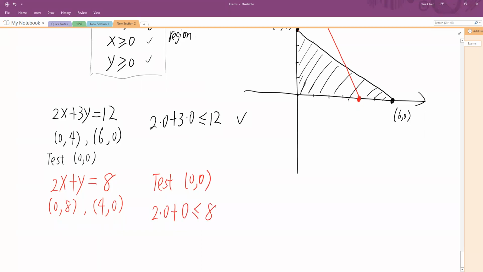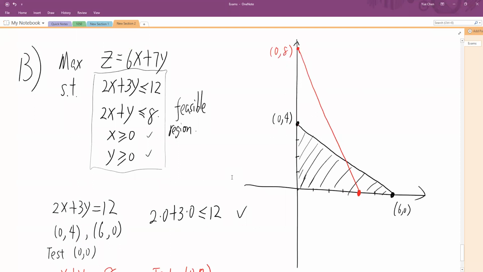Is this correct? Yes, right. 0 is less than or equal to 8. So this is the test point, right? Should include the half plane, including this point, but should limit this region into the first quadrant. Limit the region into here. So it should be here.